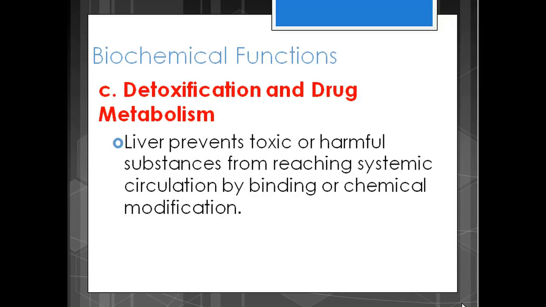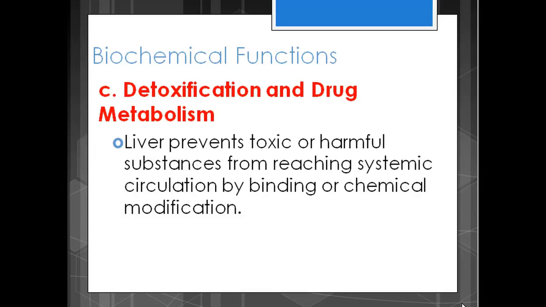This is an important function of the liver because it can allow important substances to reach the systemic circulation, and it can also serve as a barrier to prevent toxic or harmful substances from reaching systemic circulation.